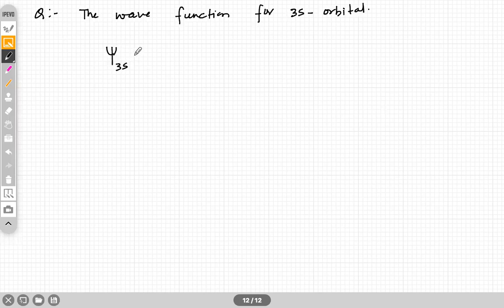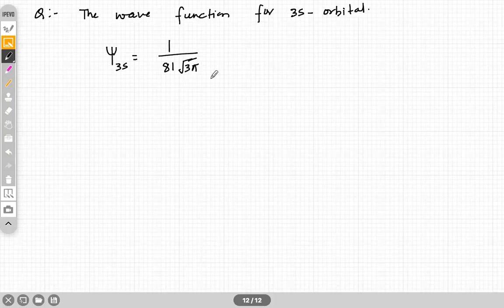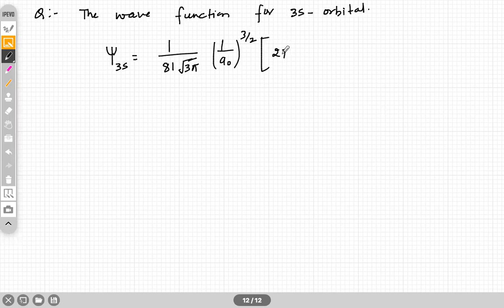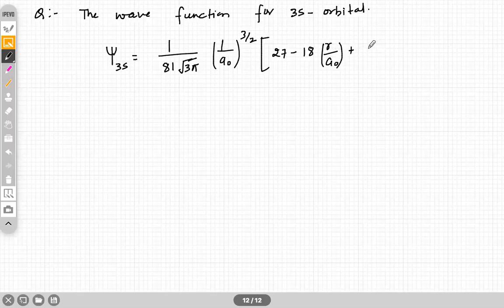psi of 3s equals 1 by 81 root under 3 pi, 1 by a naught to the power 3 by 2, open bracket 27 minus 18 r by a naught plus 2 r by a naught whole cube, bracket close, e to the power minus r divided by 3 a naught.